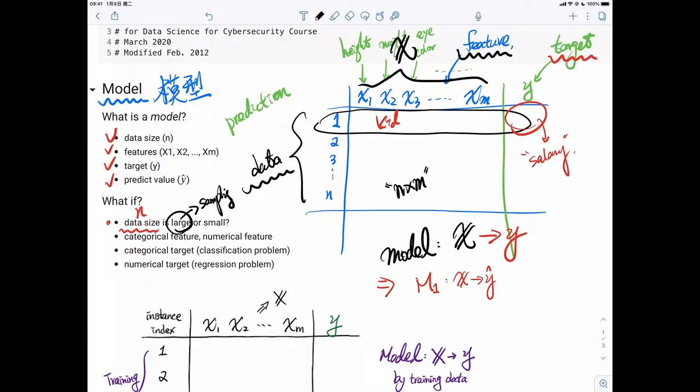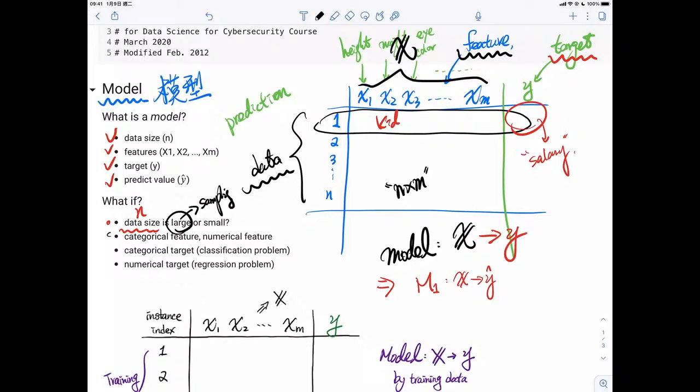If your sample is good enough, the distribution of your sampled data will be very similar to the entire data. So that is one of the approaches.